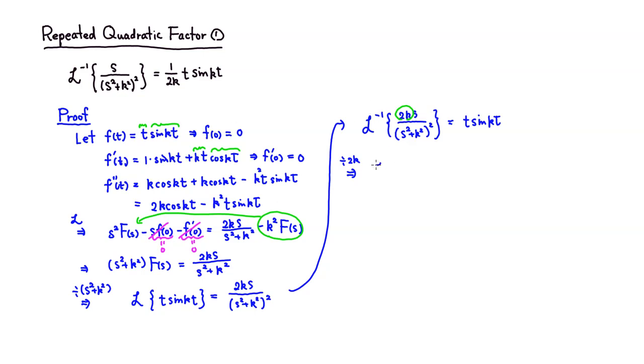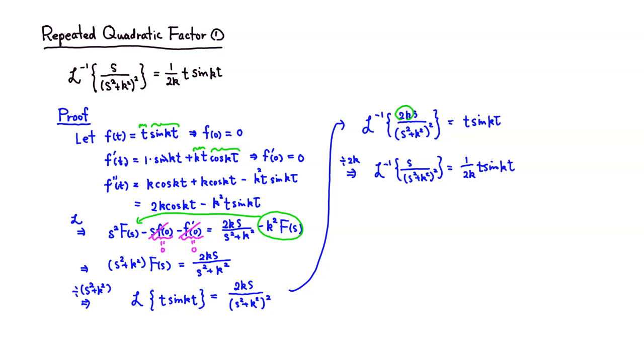So you have the inverse Laplace transform of s over s squared plus k squared squared is equal to 1 over 2k t times sine of kt.